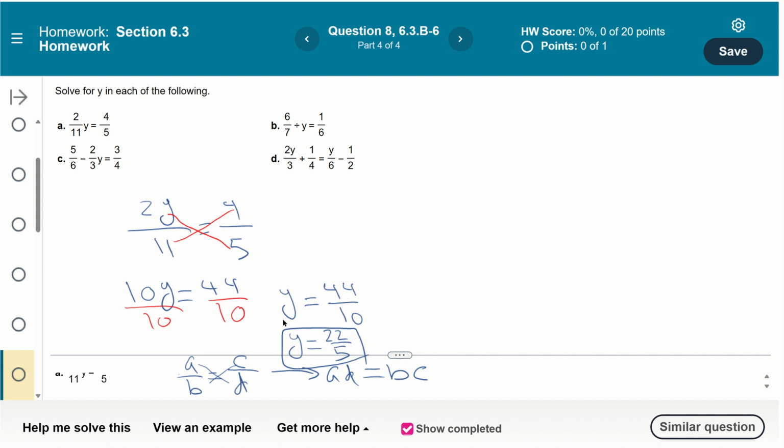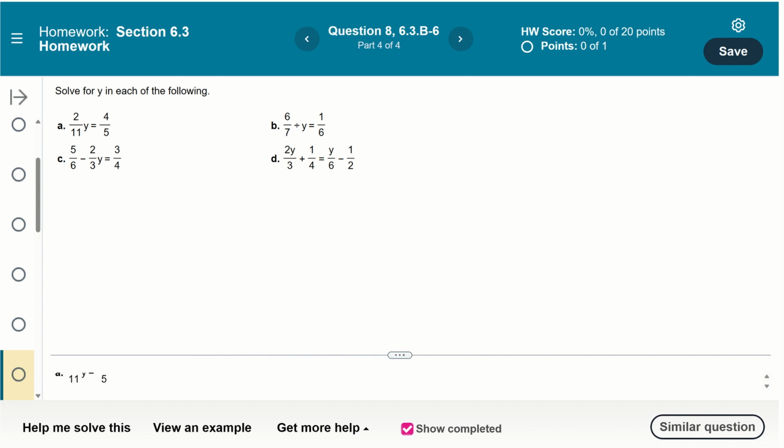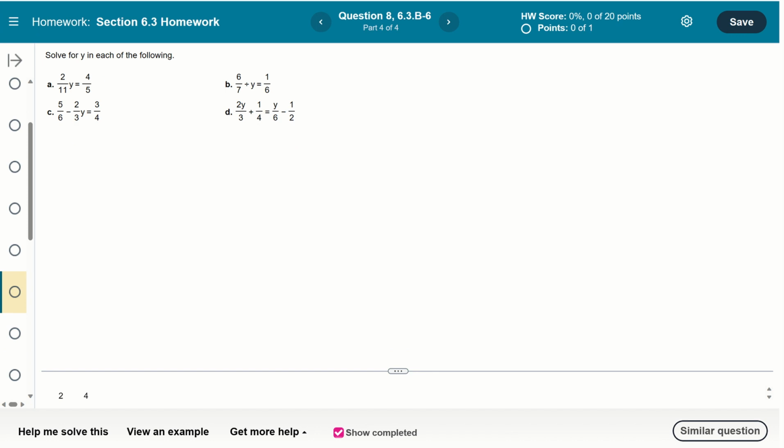All right, so I'm going to erase this to give us some space to do some other problems. All right, so what about part B? So we have 6/7 divided by y equals 1/6, right?